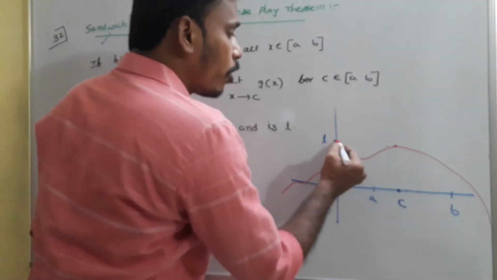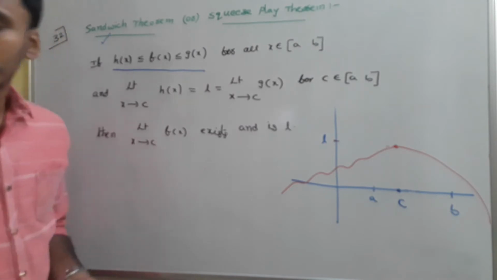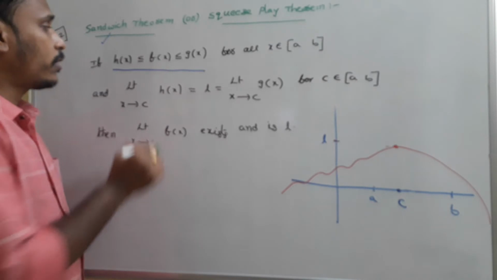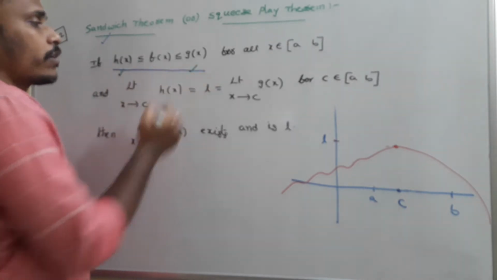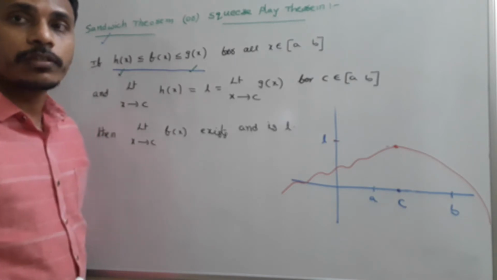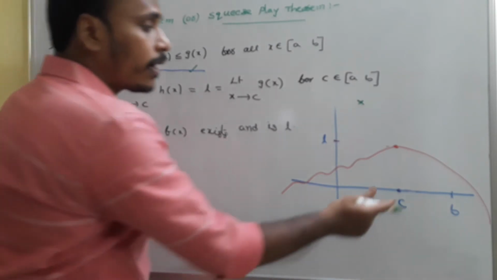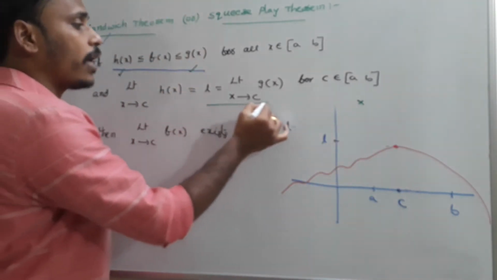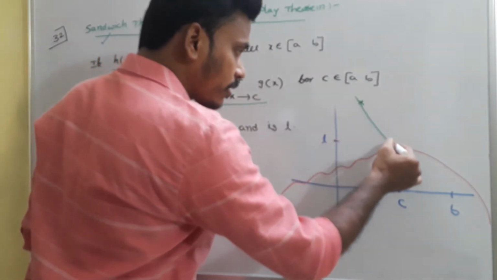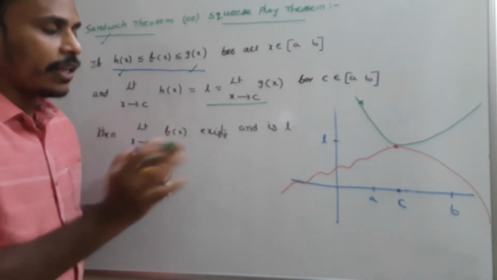So at c, when you observe, the limit value is L for h(x), and then just try to sketch the graph of g(x). As they mentioned, h(x) is always less than or equal to g(x). So at a, maybe the graph of g(x) starts here, but at c again the limit value is L. So when you sketch the graph of g(x), maybe it is like this, in any way, not exact.